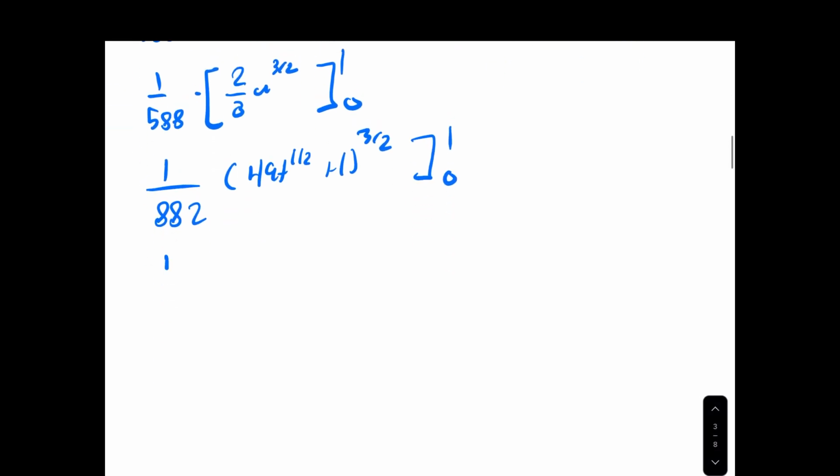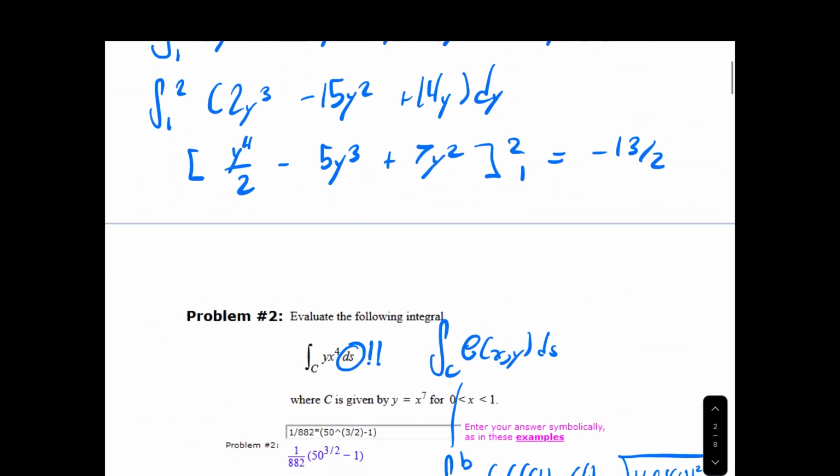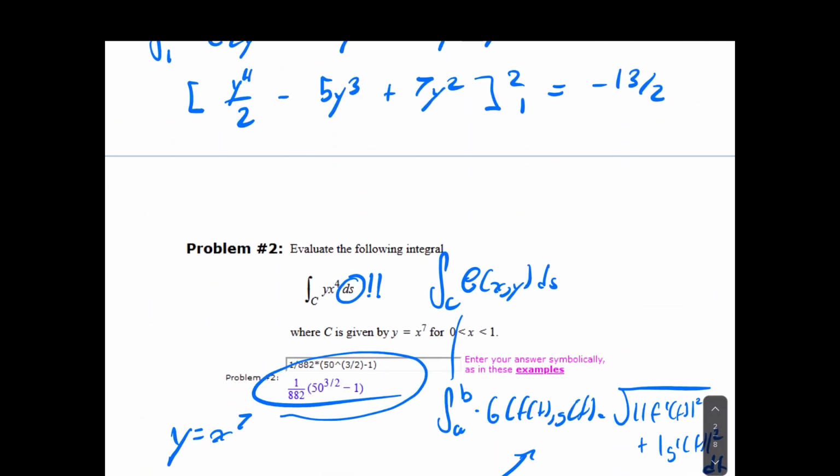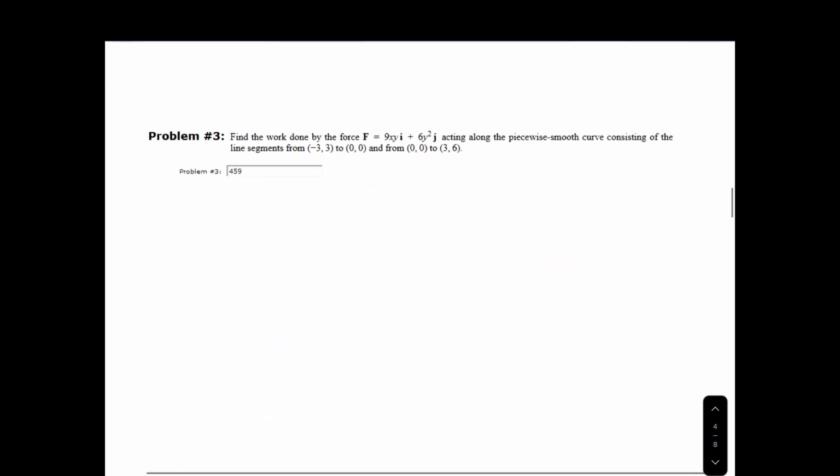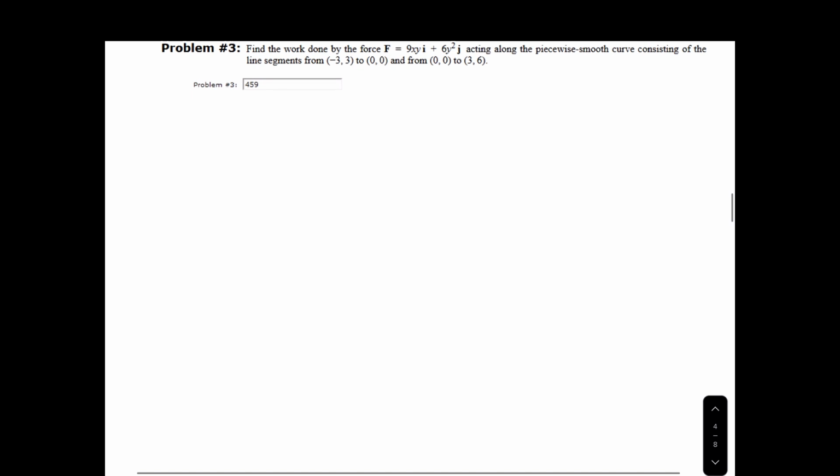This will get you 1 over 882 times 50 to the 3 over 2 minus 1, which is what we have right here. Okay, so question number 3.